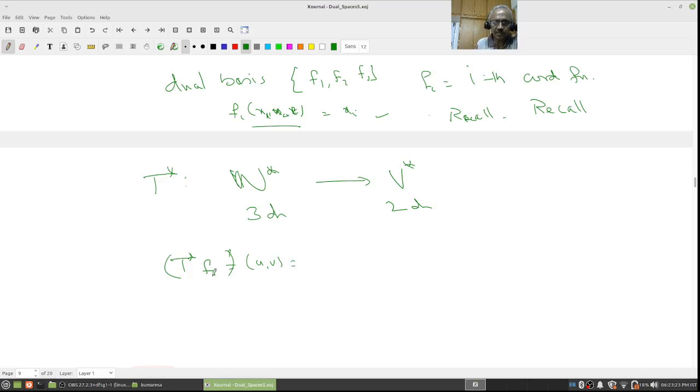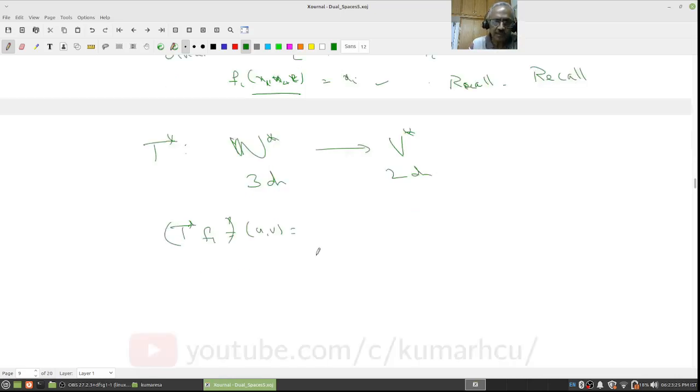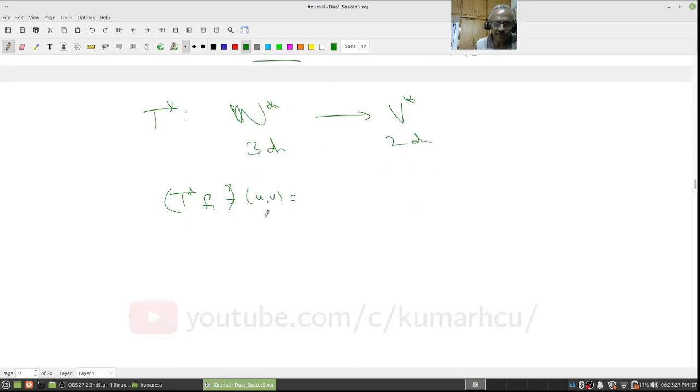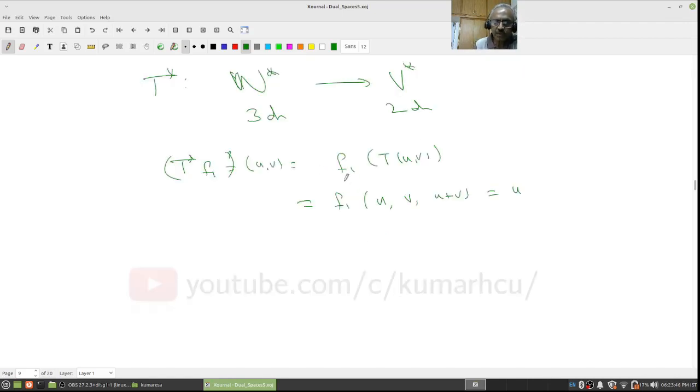But this we can already find out, I am just trying to do it again. This is by definition F1 of T of UV, and T of UV is U, V, U plus V, so F1 of that is just U. You understand that? F1 is the first coordinate of TU, which is just U. You follow that?